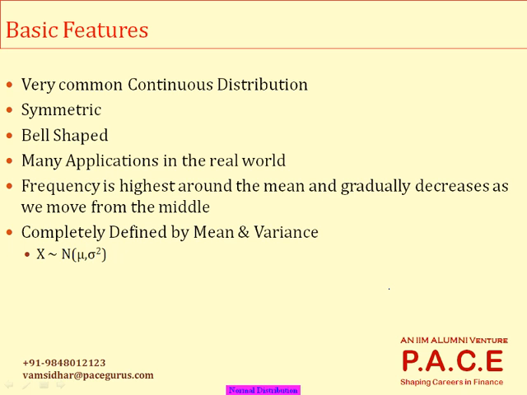For example, if I take the heights of some 1000 Indian males, group that data into class intervals, identify their frequencies and plot a graph, it looks more or less similar to a normal distribution.